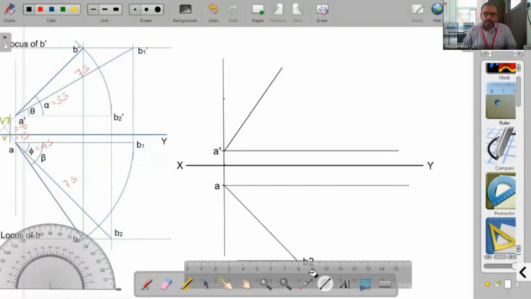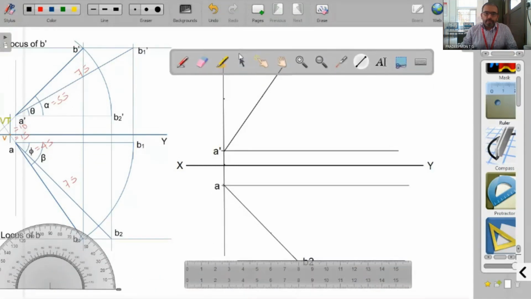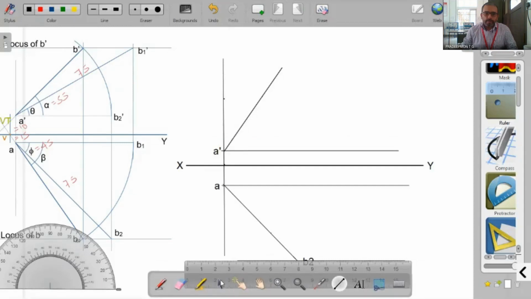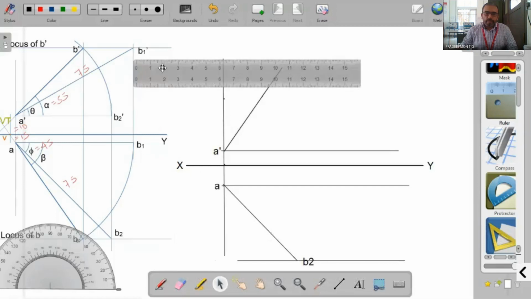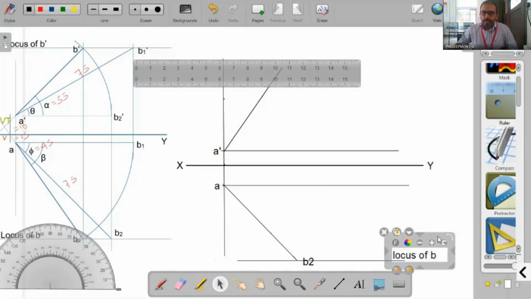So here is the locus of B. Locus of B is obtained, and since B2 is there, we can now draw the perpendicular line.